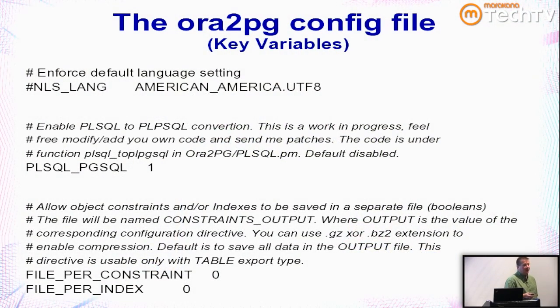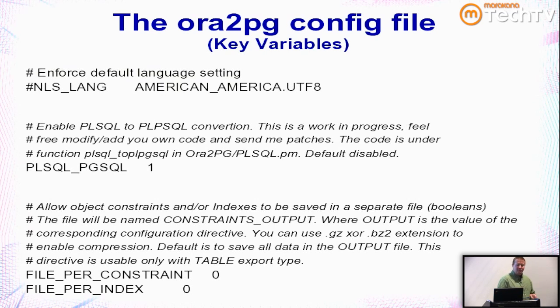There's a files per constraint and files per index variable, which says by default they're 0. So if we were going to do a dump and we were going to dump to flat files, everything would obviously go to the output.sql file. However, if I said file per index and set that to true, then every individual table would get a new file with all of its indexes in that file.